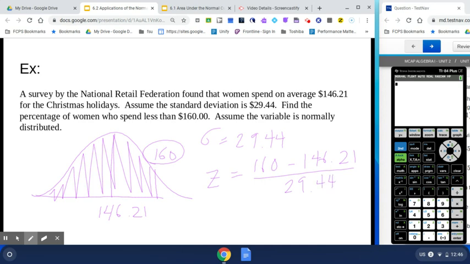That's going to give me that z-score that's associated with that line of $160. Okay, I went ahead and calculated that off to the right in my calculator, and I'm rounding this z-score to 2 decimal places because that's how the charts are read. So 0.47.